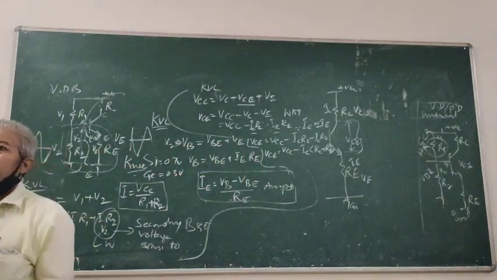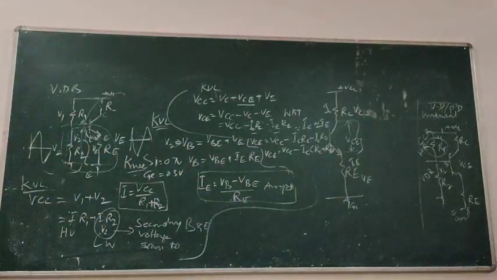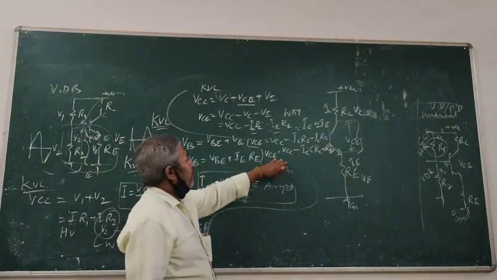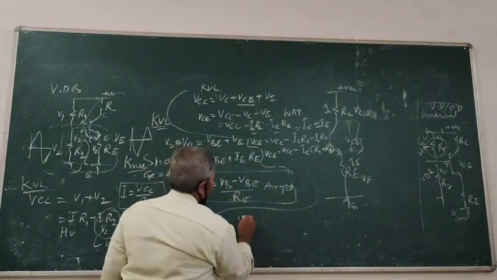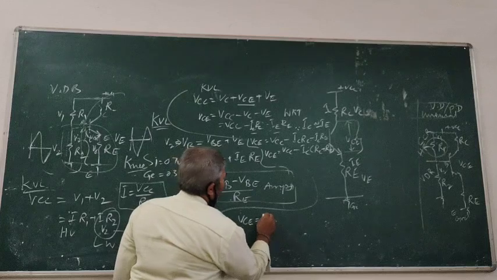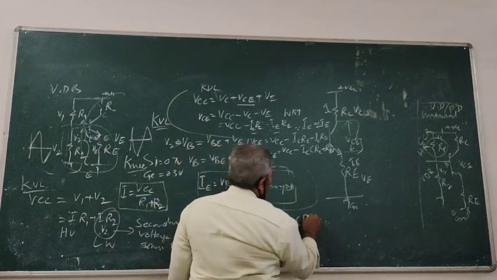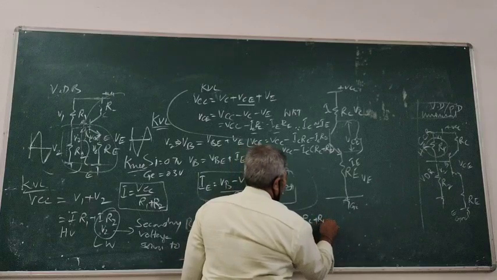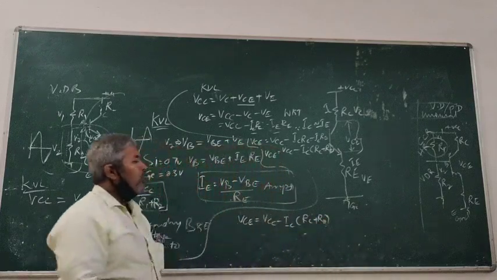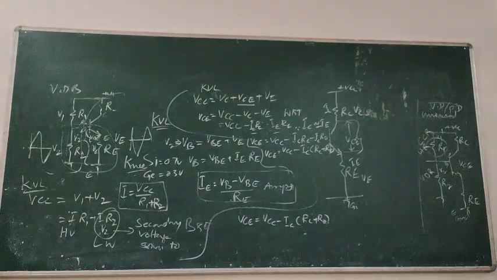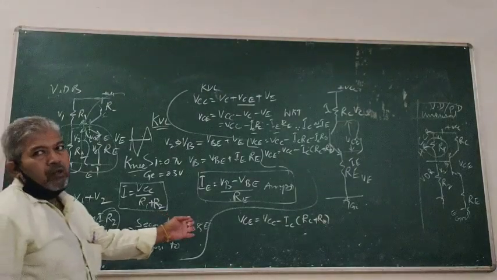Okay, now we reach the final position here. So we take VCE equal to VCC minus IC into (RC plus RE). This is the main equation. This is the voltage equation also.